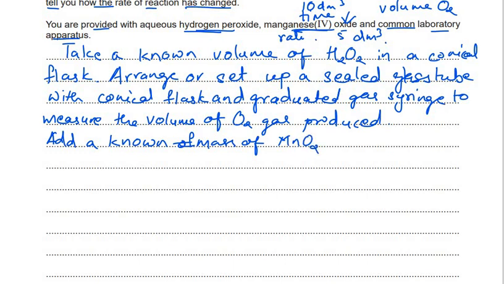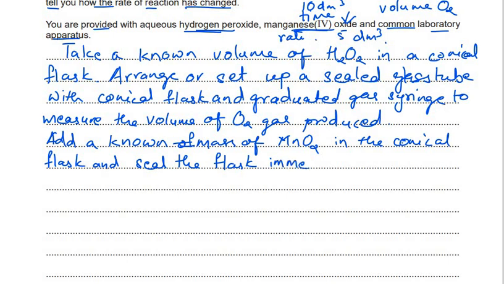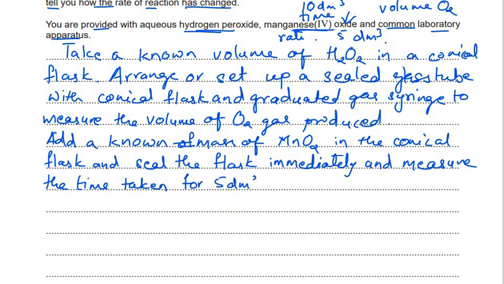Add a known mass of manganese oxide in the conical flask, and seal the flask immediately, and measure the time taken for 5 dm cube of oxygen gas to be produced.